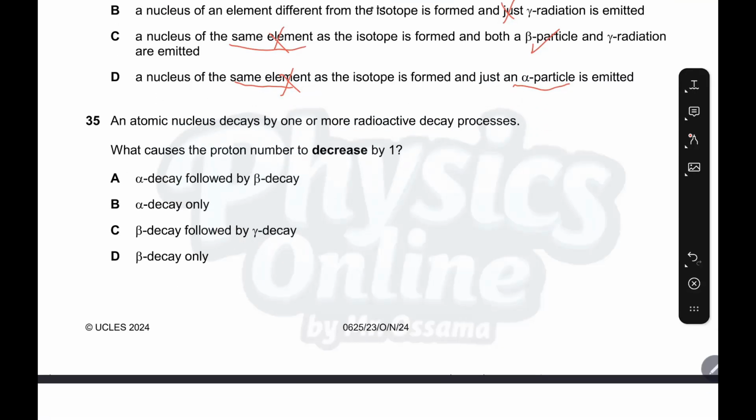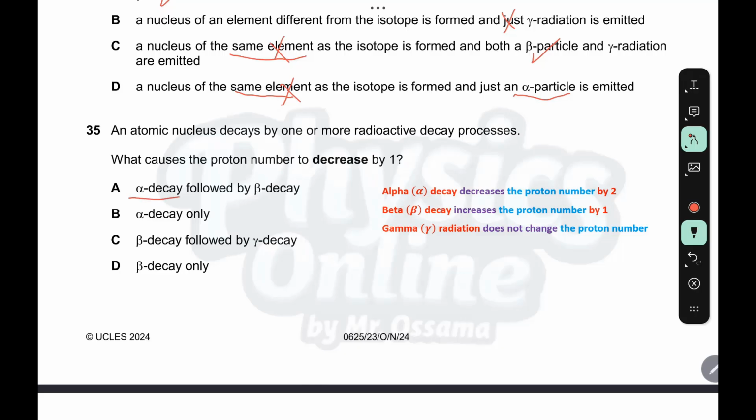An atomic nucleus decays by one or more radioactive decay processes. What causes the proton number to decrease by 1? Alpha decay makes the proton number decrease by 2, followed by beta. Beta decay increases the number by 1. So the sum of them, the proton number decreases by 1.